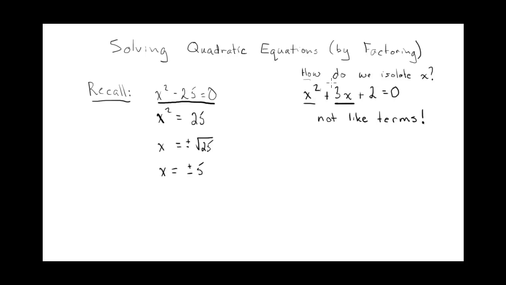There is another way that you can isolate this for x, but it's more complicated. You have to do work before you can get there. So we're going to look at another way to solve this type of question without isolating.